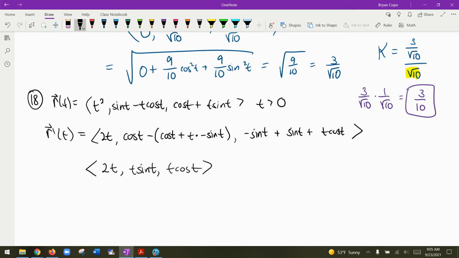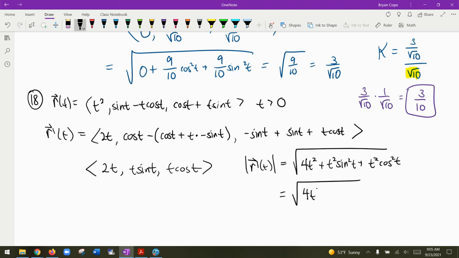So that's r prime. And the magnitude of r prime of t is the square root of 4t squared plus t squared sine squared t plus t squared cosine squared t, which is just the square root of 4t squared plus t squared, which is root 5 times t.